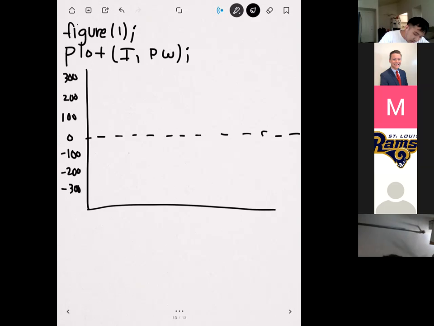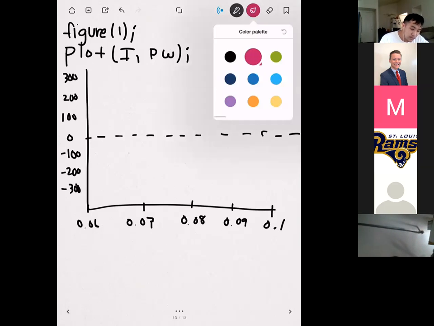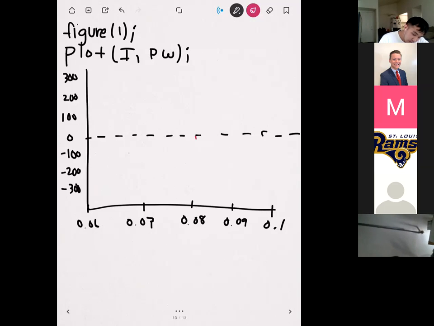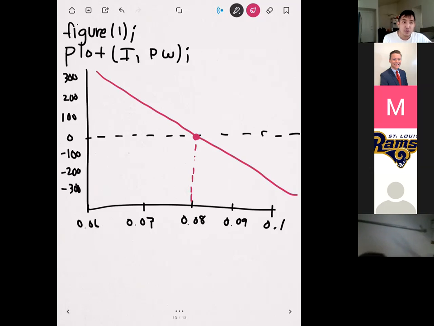Then down here we have 0.06, 0.07, 0.08, 0.09, and 0.1. The graph would look something like this. Since we know that it crosses the axis at 0.08, it's going to be like that. The way you interpret this graph is that you look at the location where your graph crosses y equals 0, and that's going to be your rate of return.